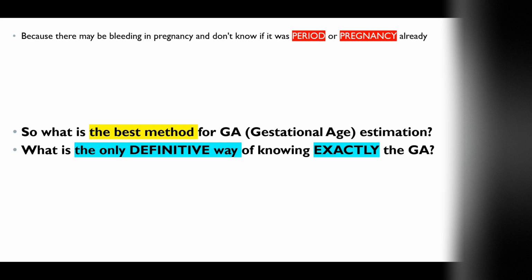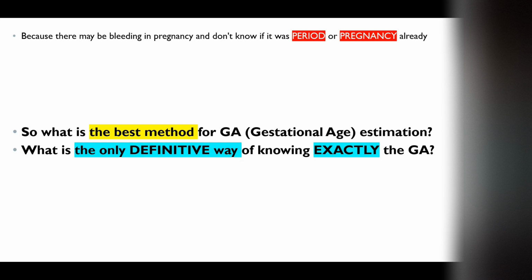And as they mentioned online, the best method for gestational age estimation is which one? We already said it. Ultrasound, crown to rump ratio, that's your fetus. And there's only one definitive way to know exactly the gestational age, to the second, like which hour, minute, day the fertilization happened.